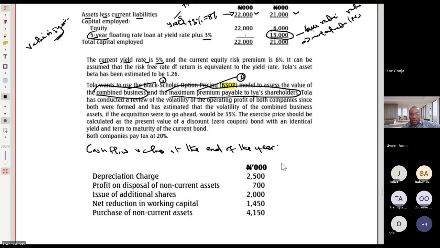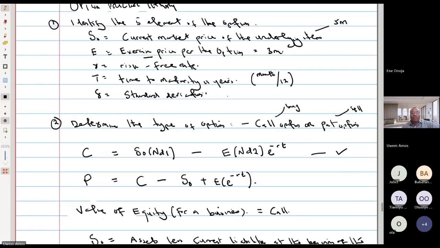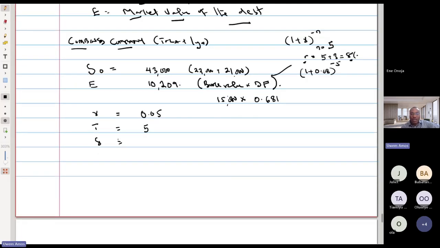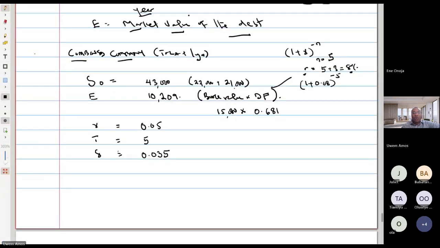Right here, it says Tola has conducted a review of the volatility, which is our standard deviation, of the operating profit of both companies since both were formed, and has estimated that the volatility of the combined business assets, if the acquisition were to go ahead, would be 35%, which is 0.035. So standard deviation would be 0.035.